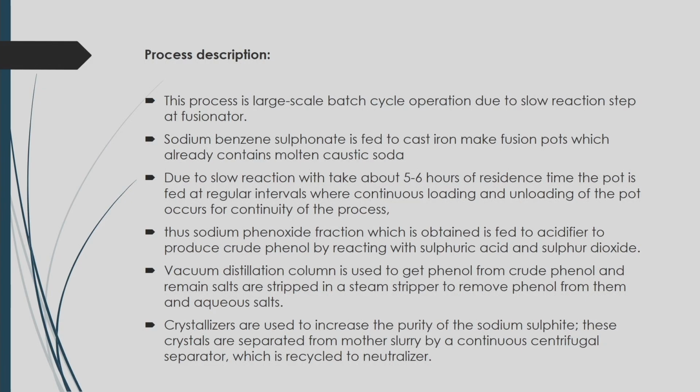Crystallizers are used to increase the purity of the sodium sulphite coming out from the filter, and these crystals are separated from the mother slurry by a continuous centrifugal separator, which is recycled to the neutralizer again. So, based on this process we are getting phenol.